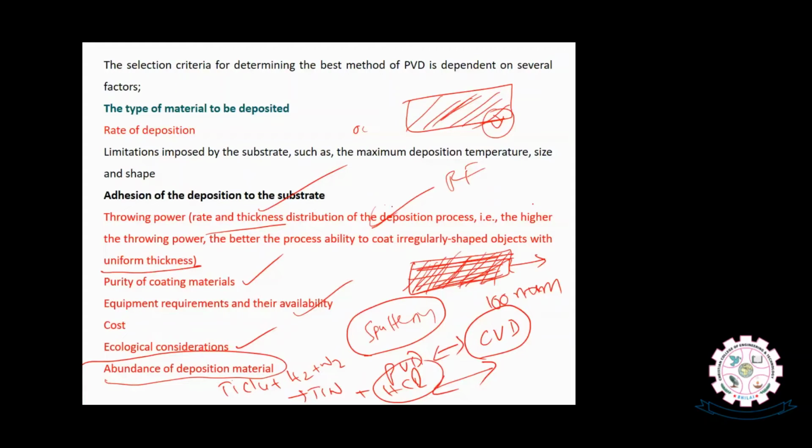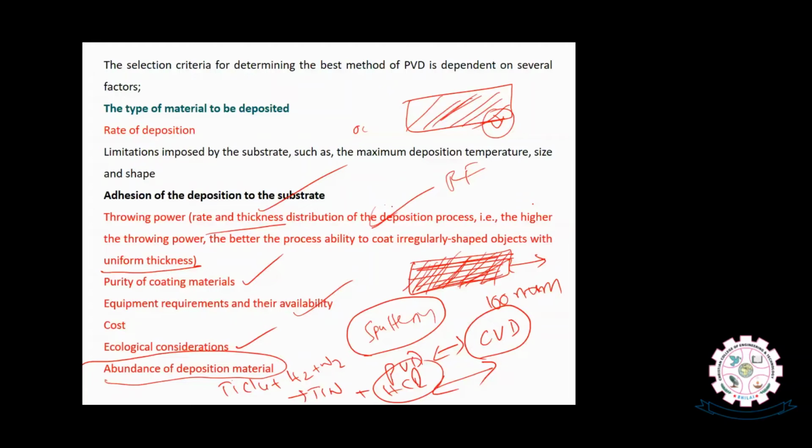The moment you say that I need a thin film system, he will ask whether you need DC sputtering, RF sputtering, or thermal evaporation. If you say CVD, whether you need APCVD, LPCVD, PECVD, all these many questions they will ask.